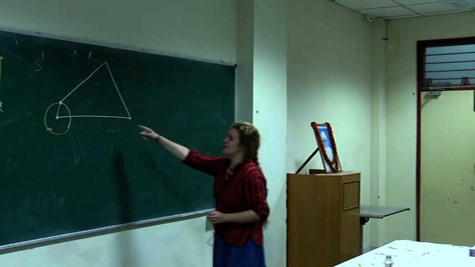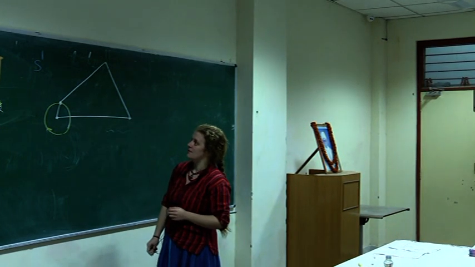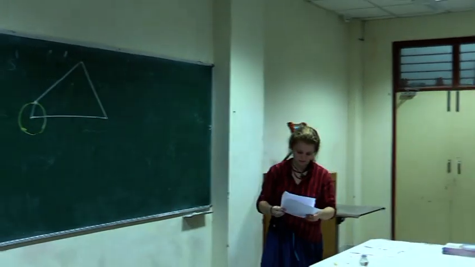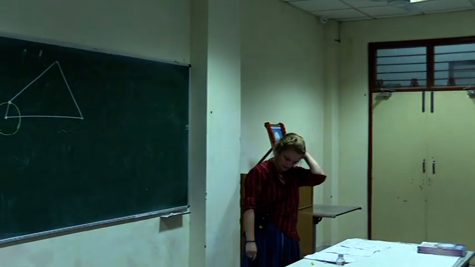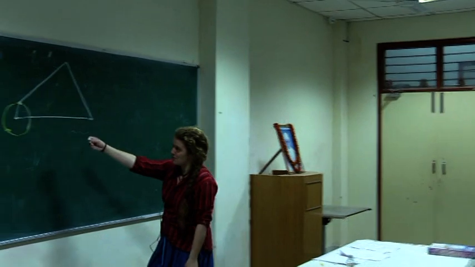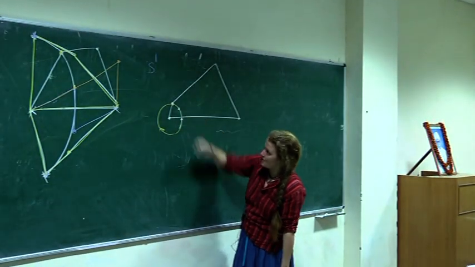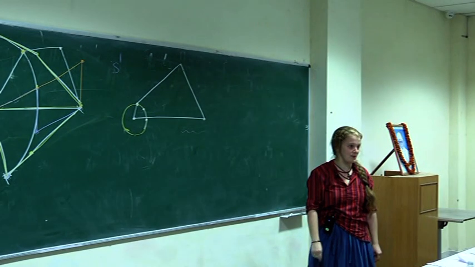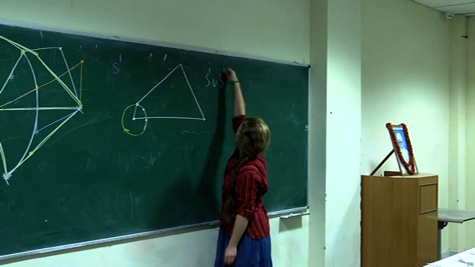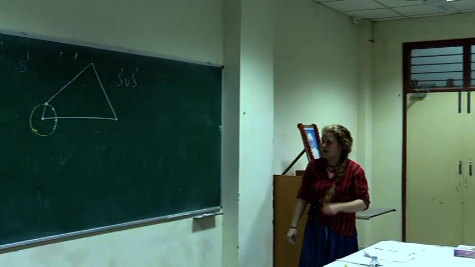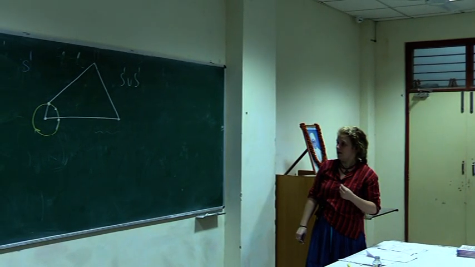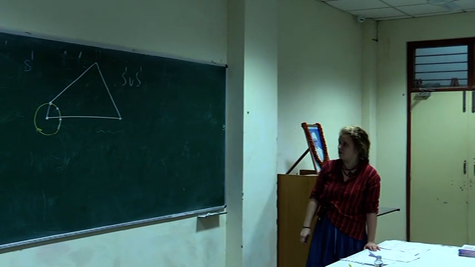For every point on this circle, how many configurations are there? So this is just two circles, S1 and S1, a disjoint union of two.